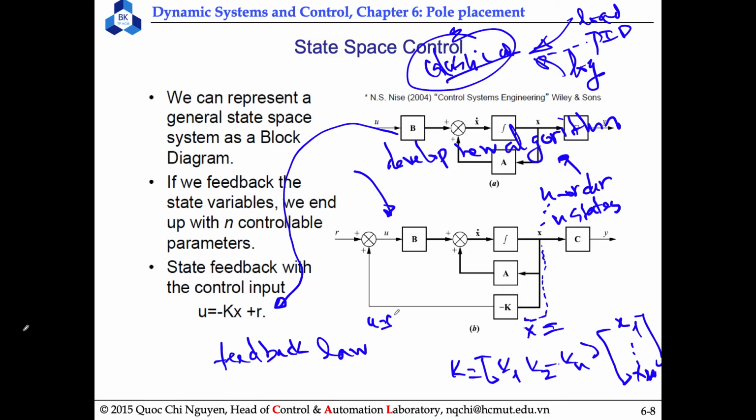U will be K1, X1. If we have the minus here, U will be minus K1 X1 minus K2 X2 until minus Kn Xn, right?